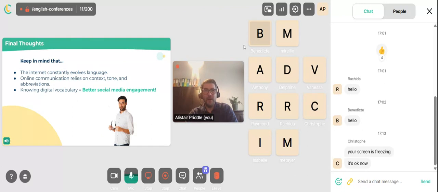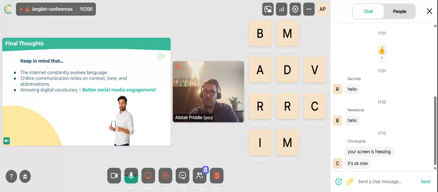Well, we've got some final thoughts before our conclusion for today's conference. So our final thoughts are: keep in mind that the internet constantly evolves language.